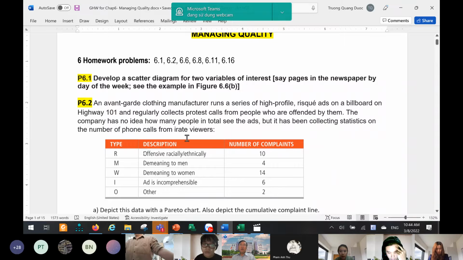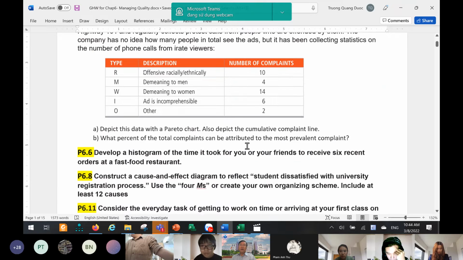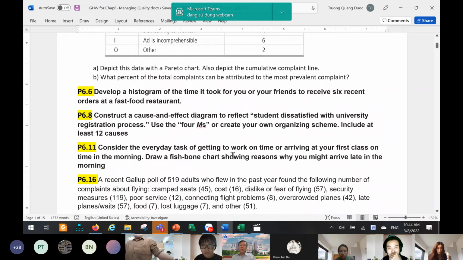And for 4M, each M must be described. They ask you about at least 12 courses, but your group presented only 8 courses. So you have B minus.